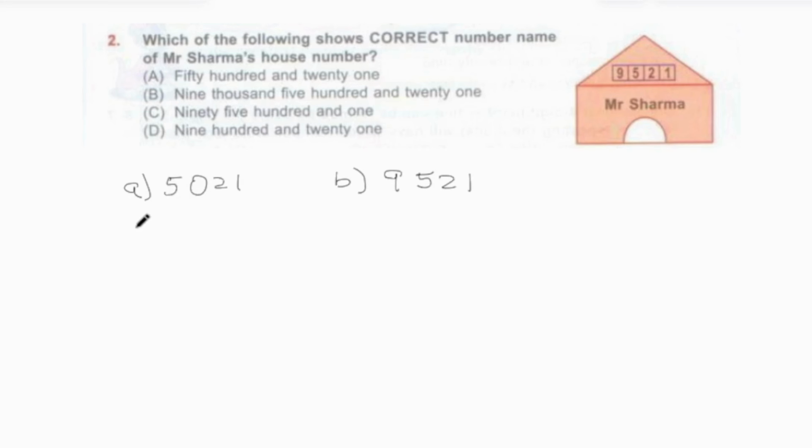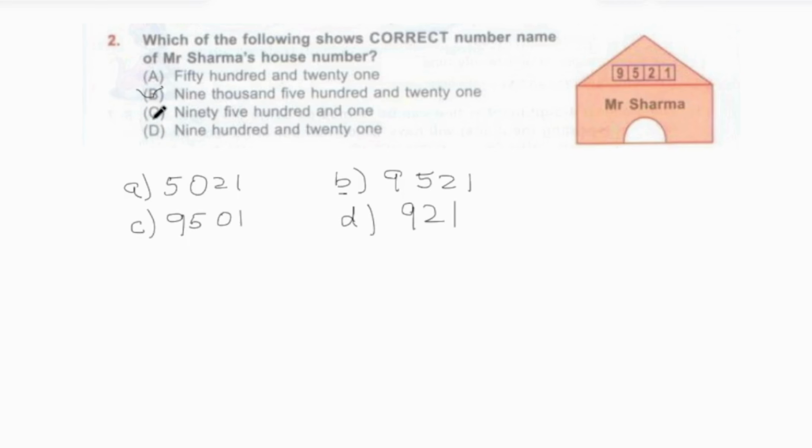Now let's quickly go to option number C. It says 9501, which is 9501. Option D. Let's see option D. 921, which gives us 9, 2, 1. So, based on this interpretation, we can find out that option B is correct.